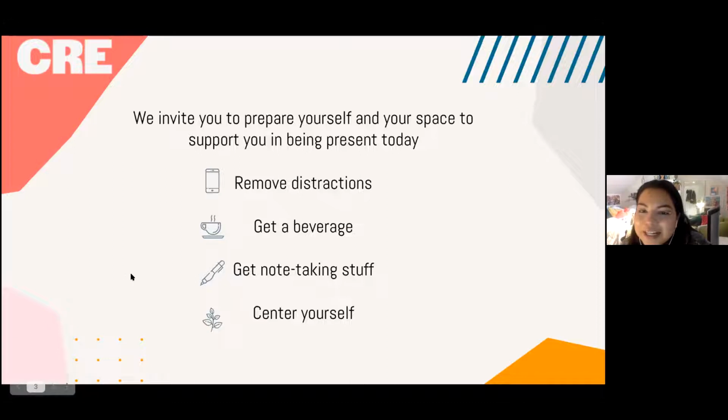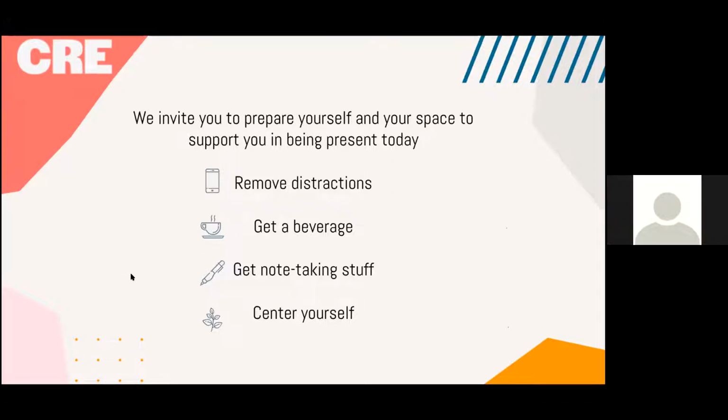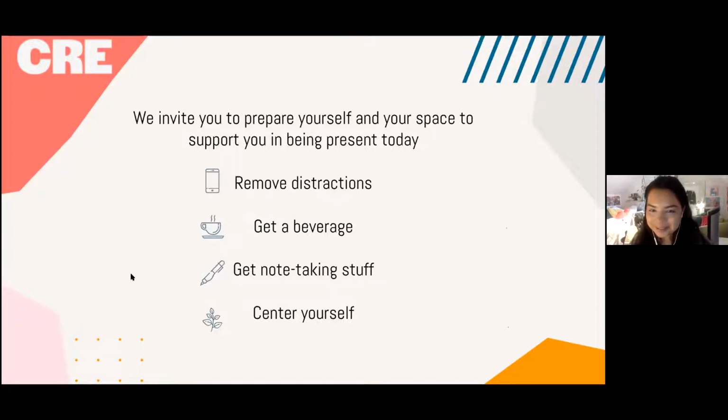I invite you to prepare yourself and your space in being present today. So this could look like removing distractions like your phone, but again, your roommates, your family, your pets are not distractions in any way, and they're welcomed in this space. Not all of us have a private place in our house to do these things, and that's completely okay.